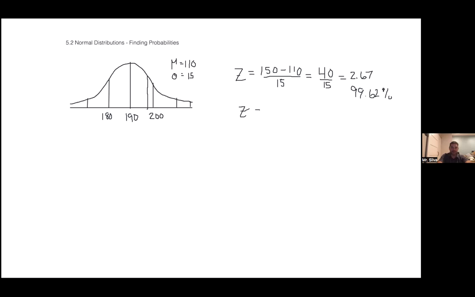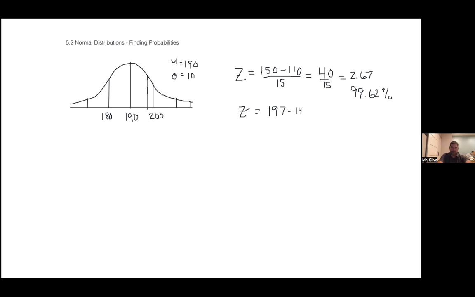Z equals... oops, not 190. I should change what I'm doing here. I've changed my mean to 190 and my standard deviation to 10, so I'm going to use those values. My child's test score is 197, minus the mean.